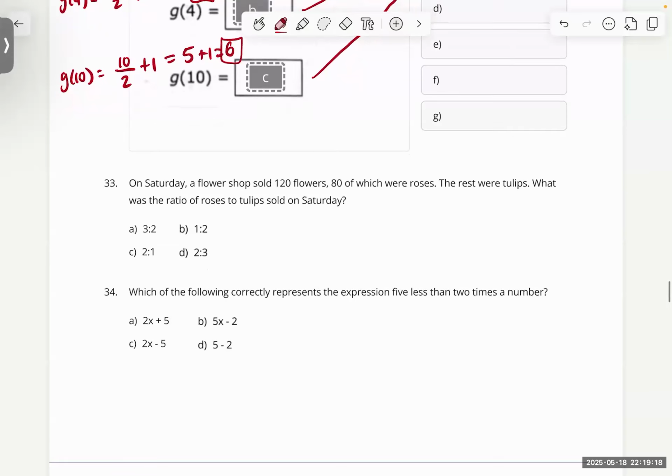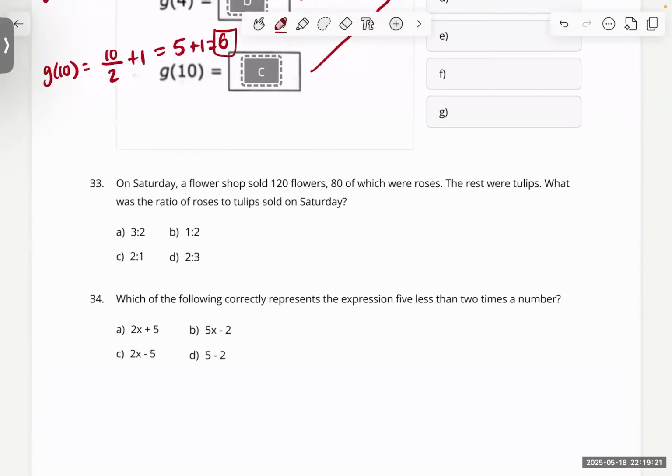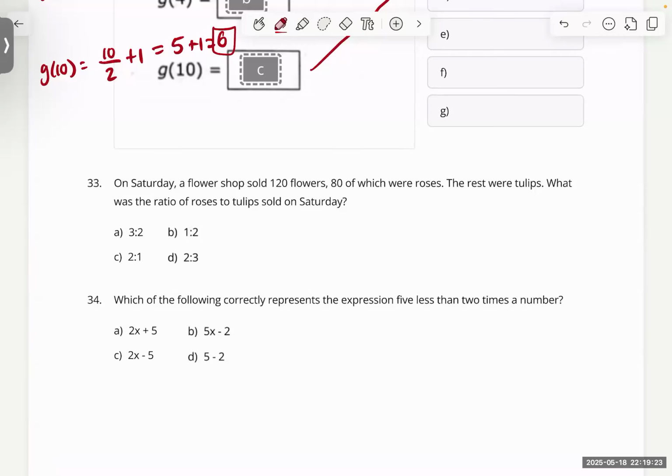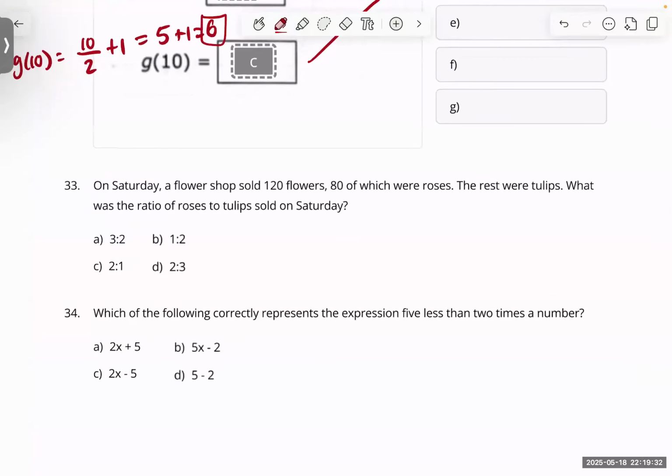Okay, on Saturday, a flower shop sold 120 flowers, 80 of which were roses. The rest were tulips. What was the ratio of roses to tulips sold on Saturday? Okay, remember, ratio of roses to tulips. Roses, colon, tulips. Well, how many roses were there? It says it, 80. How many tulips? The rest were tulips. Well, how do I find that?